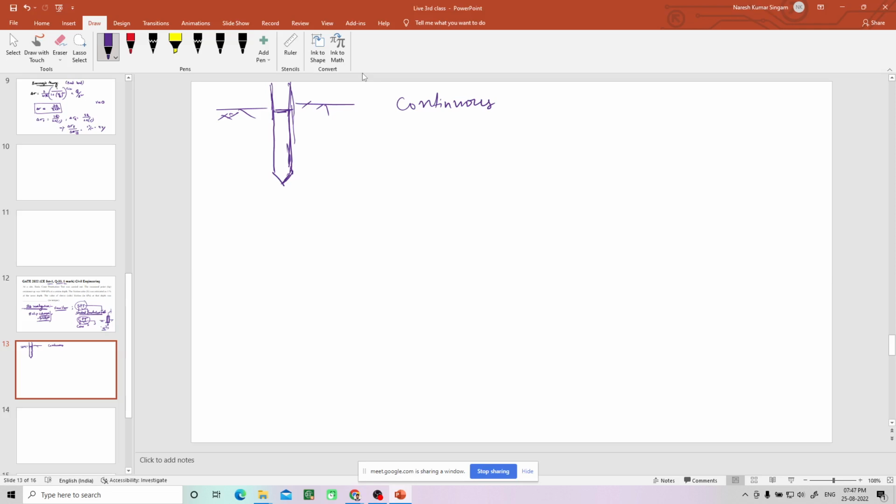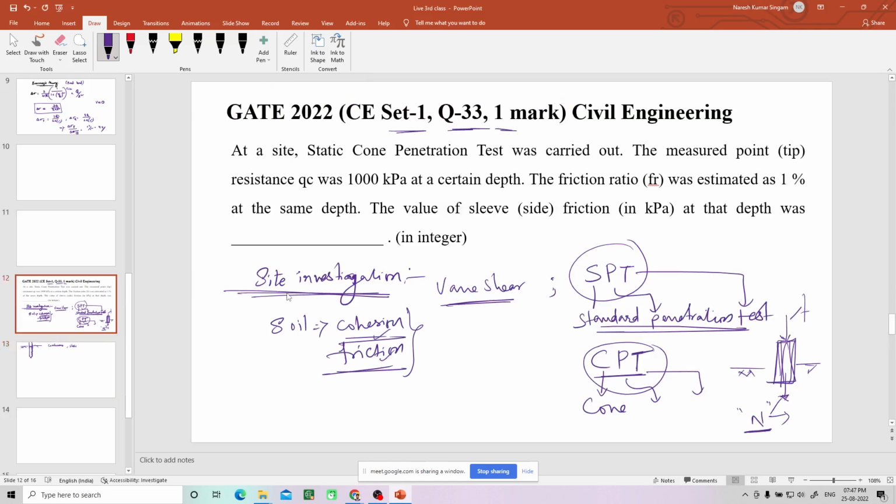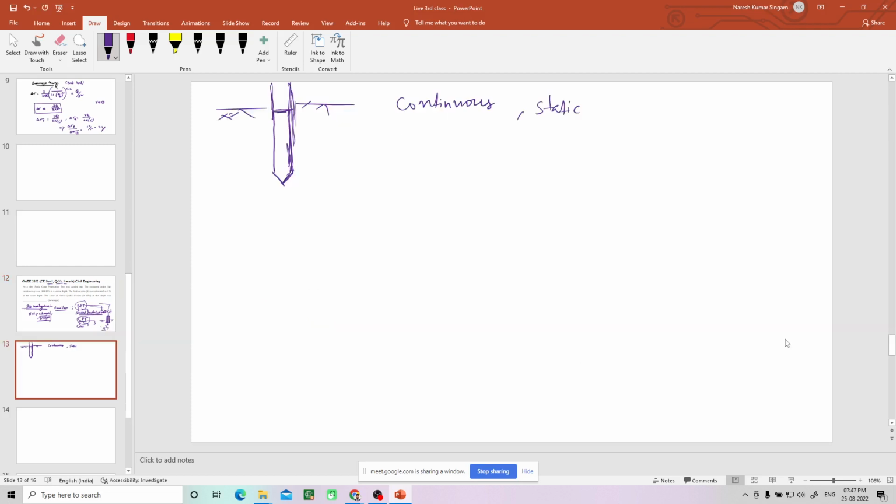It's not dynamic. Dynamic cone penetration test is also there, but in the question it is static. Static means quasi static, which means it continuously goes. So it doesn't disturb soil as it is disturbed in the SPT test, where you are giving blows, tamping with hammers above it. Whereas you don't tamp here. You will just apply continuous load, and it goes down smoothly.